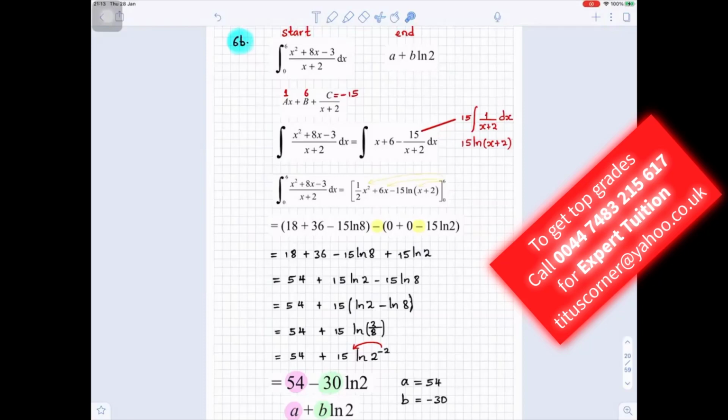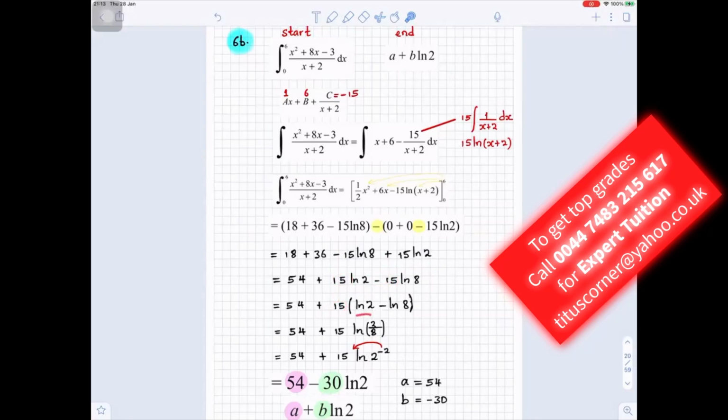Now we can remove the bracket. So 18 plus 36 minus 15 ln 8, and minus and minus will become a plus 15 ln 2. 18 plus 36 gives you 54. 15 ln 2 can come in front, so it becomes 15 ln 2 minus 15 ln 8. 15 is common, so you take it out of the bracket to factorize.